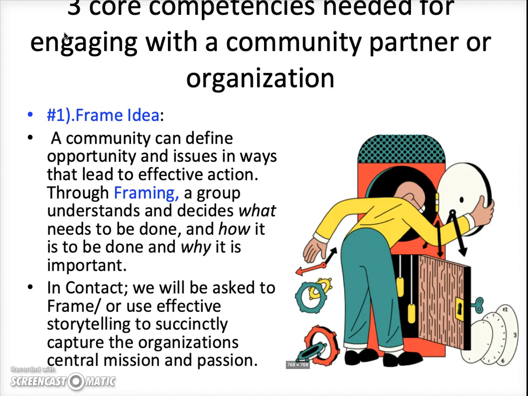So we'll be doing that in these sort of graphic novel manners. So finding or creating images that captures that story, that's a framing device. And that's important not just so that you understand, but you're effectively communicating with others about what this story is and what the passion is and what the aim of your organization is.